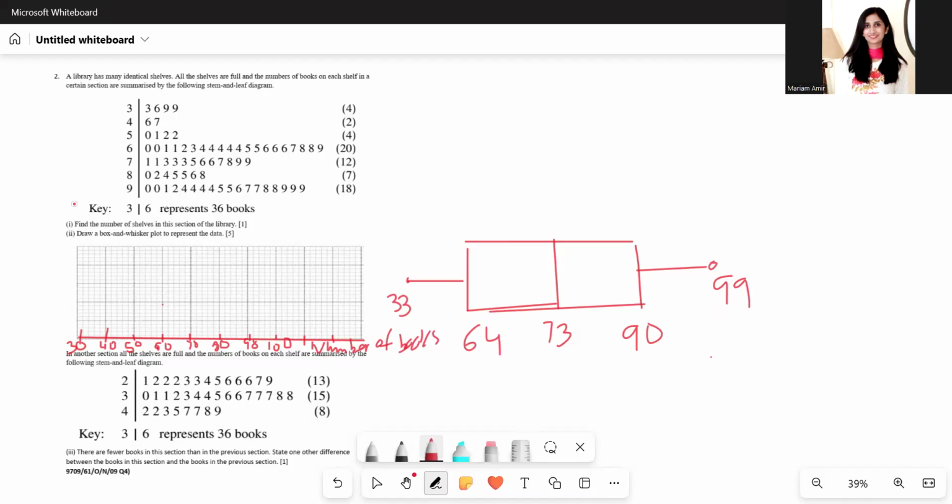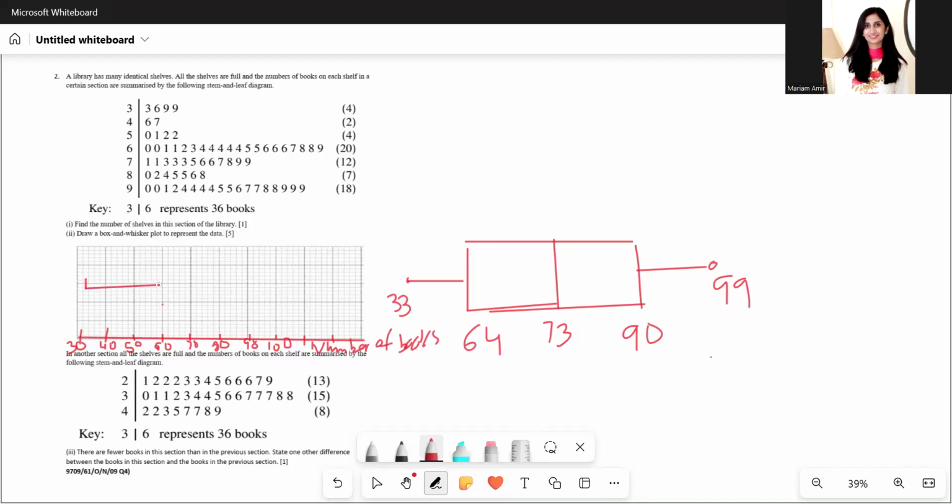So the lowest value is 33. 33 would be 1.5 boxes ahead of 30. Then we have 64. For that, we can go 2 boxes ahead of 60, somewhere over here. Then 73, so 1.5 boxes ahead of 70.